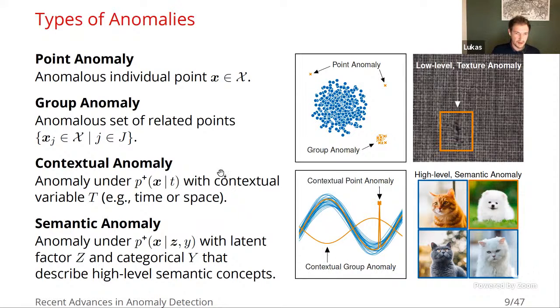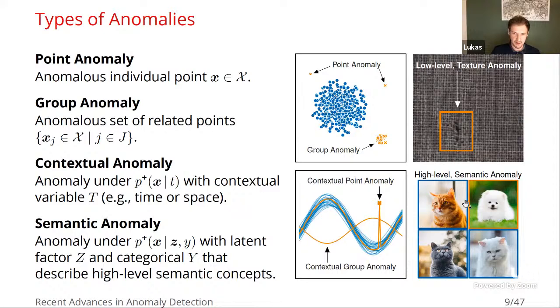And another important distinction, especially for choosing between shallow and deep methods, is the concept of semantic anomalies. Anomalies that are anomalous under some semantic concept.